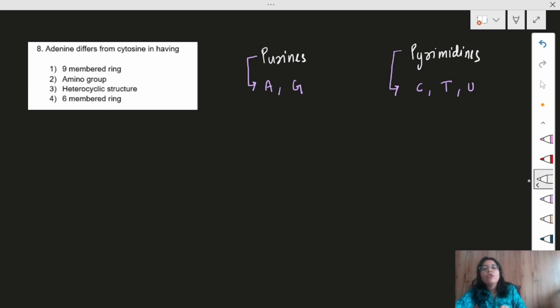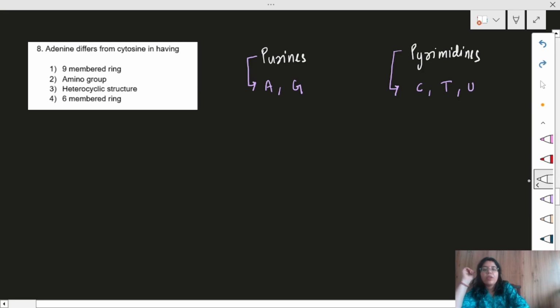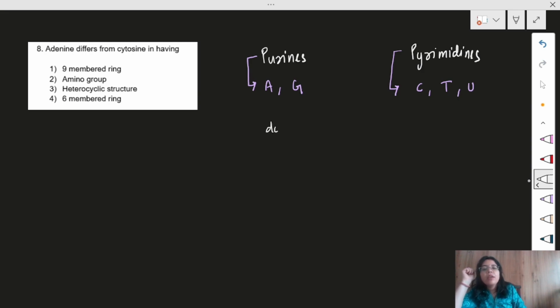This you have to remember: pyrimidines are single ringed structures. Purines are double ringed structures.